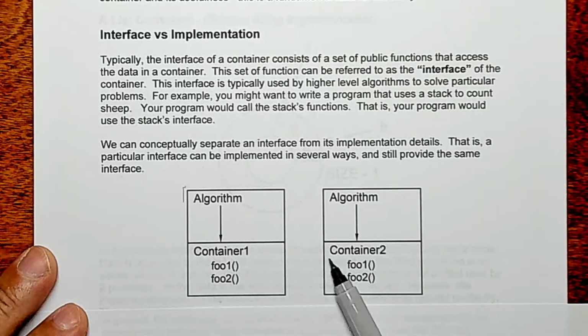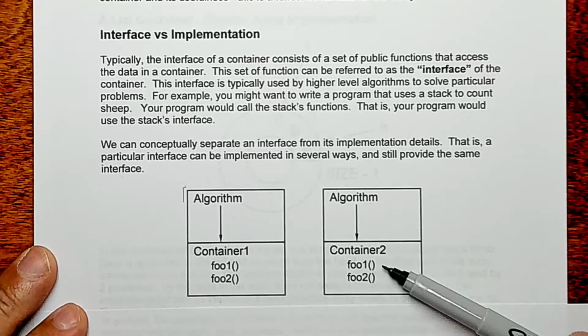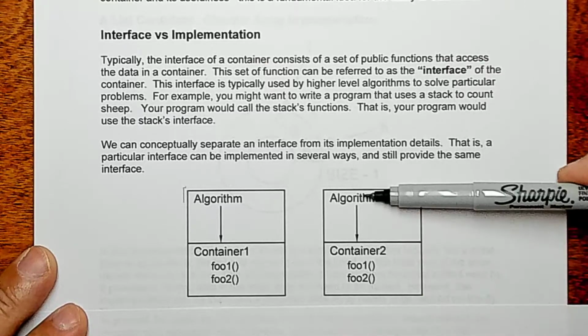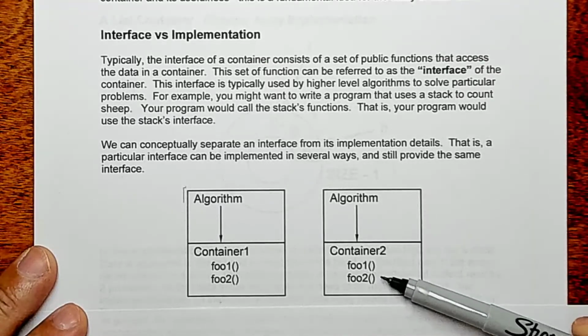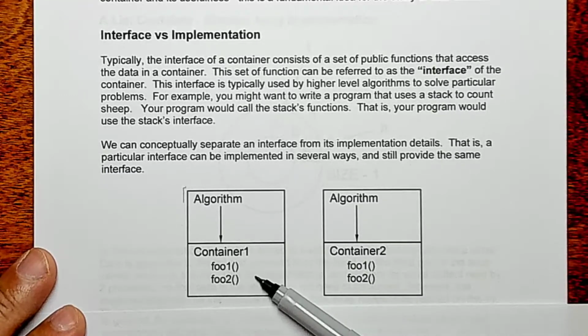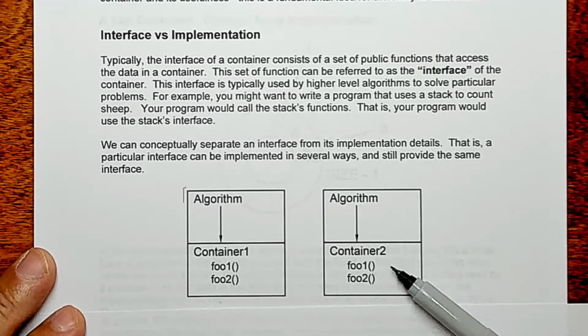Once again, these two containers provide the same interface, that is, the same functions that are used by a higher level algorithm. But inside these functions, which you can't see, of course, is presumably a different data organization and a different way to access that data.